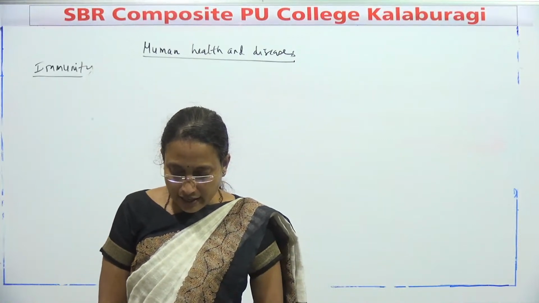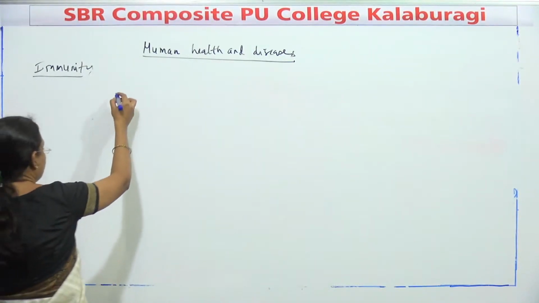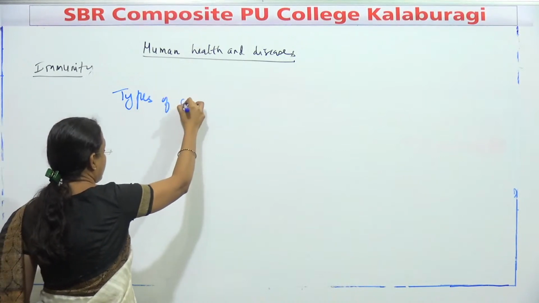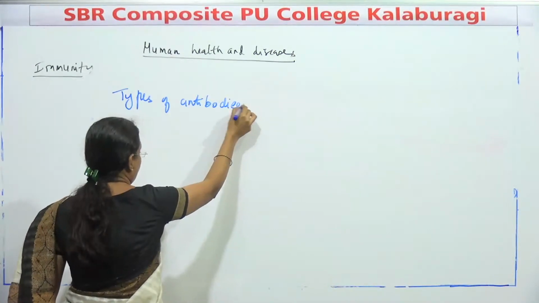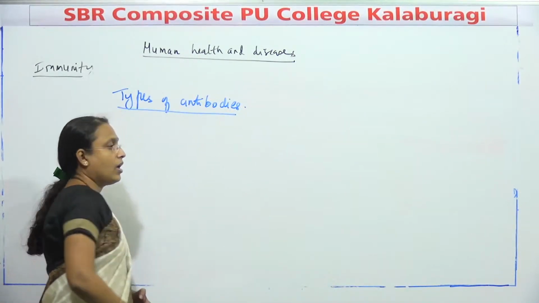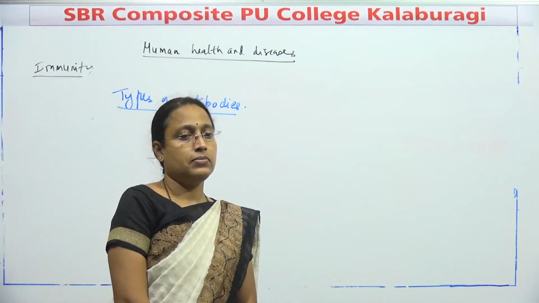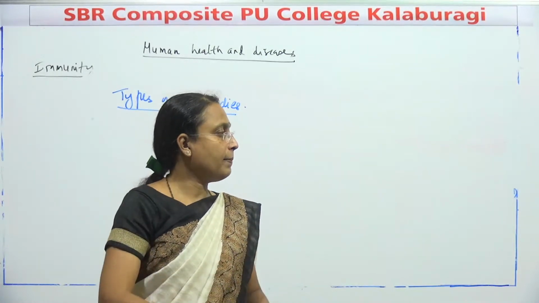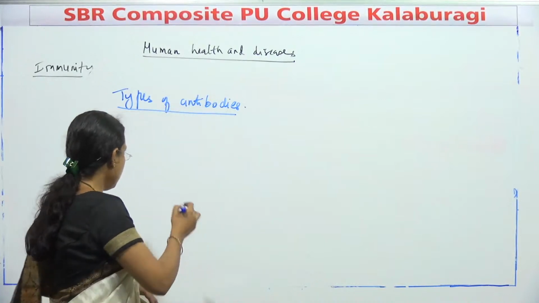So next is types of antibodies. I will just mention them so that you can remember that there are types of antibodies.